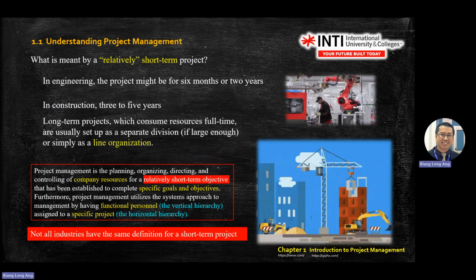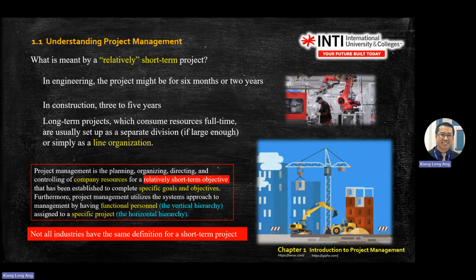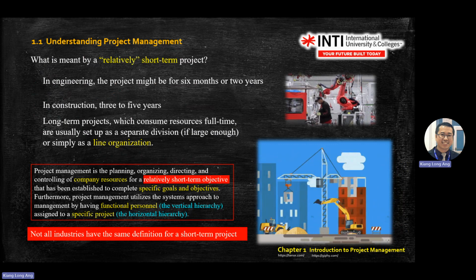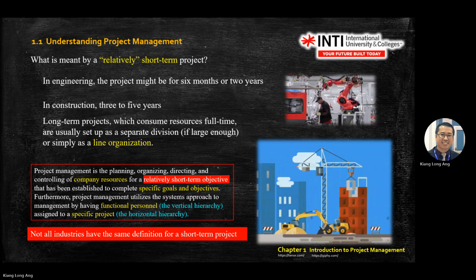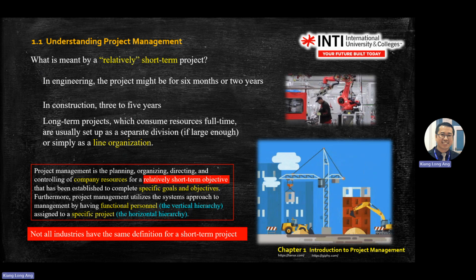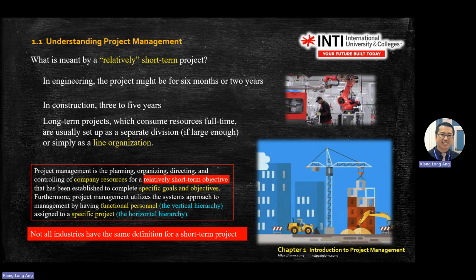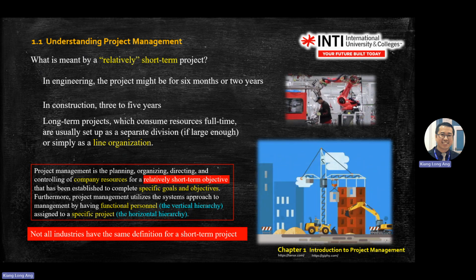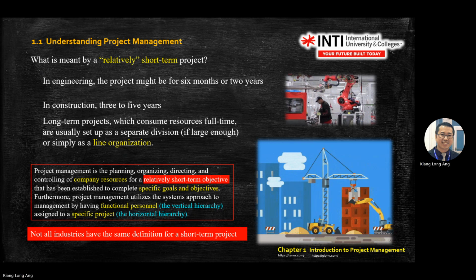Now, when you look at the short-term and long-term definition, short-term means from 6 months to 2 years. For construction, civil, usually 3 to 5 years is considered short-term. But for manufacturing, 6 months to 2 years is considered short-term.